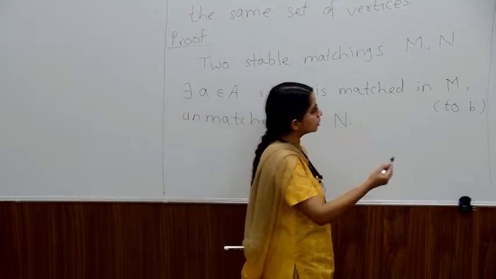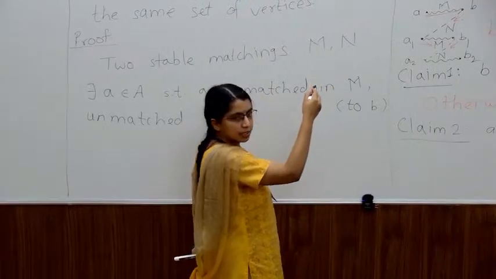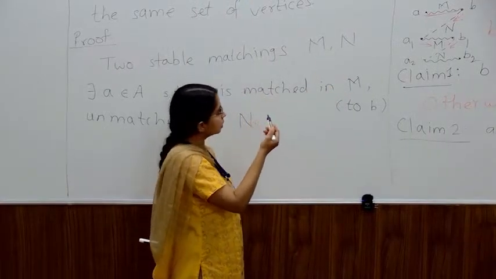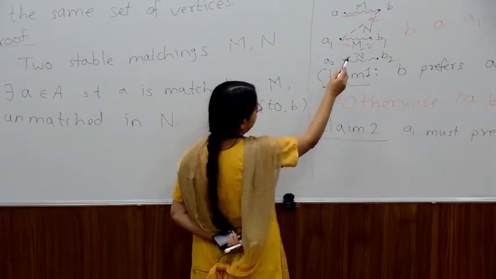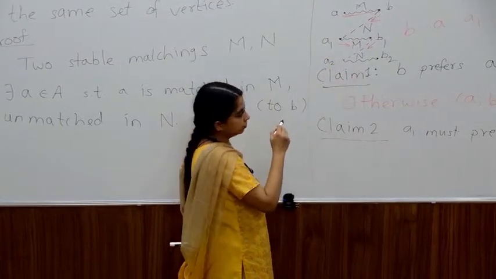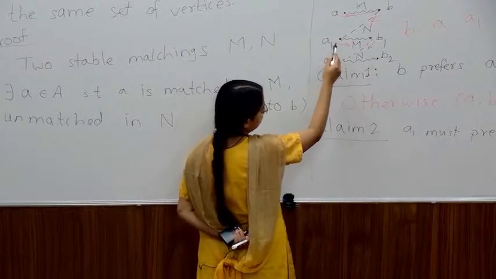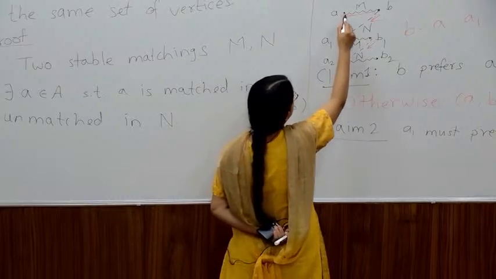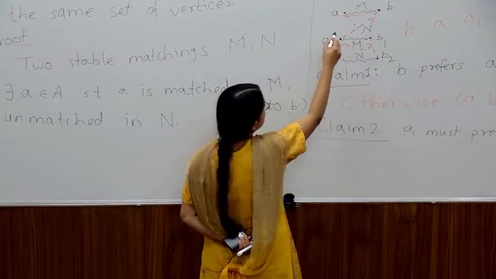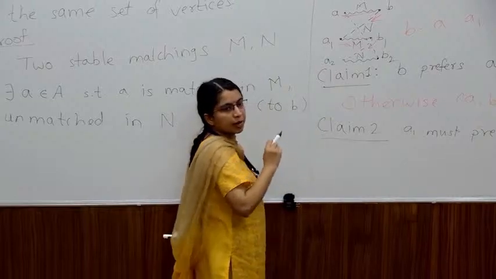Exactly. So something has to go back to one of the vertices that we have already seen. But where can they go back? All these intermediate vertices have their M and N edges. They cannot get a new edge now. For example, B2A1 cannot be an N edge. So the only way is to go back to A, which says that if A is matched in M, A should also be matched in N.